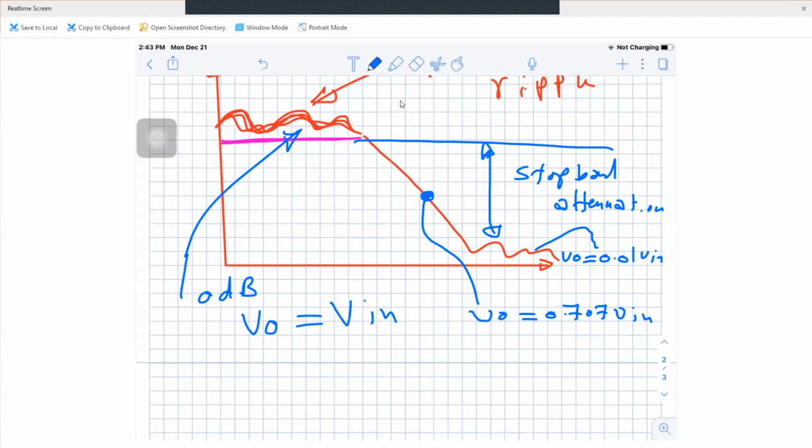Of course, don't forget that in the passband region, transition region, and stop band region, we are talking about different frequencies. So the filter will attenuate and pass the signals selectively.